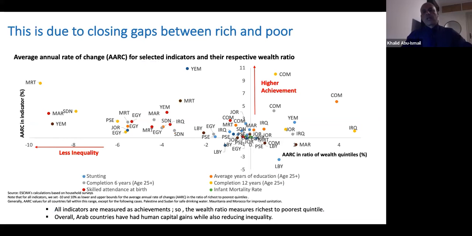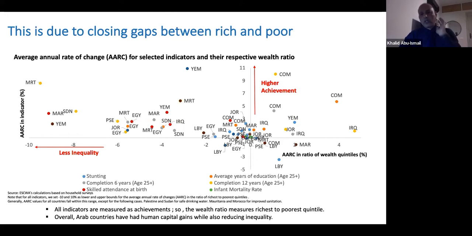It's not surprising when you zoom in on the indicators and look at what's been happening to gaps within countries. This scatter plot comes out of the ERF and ESCWA inequality report that we had in 2019. You can see that most Arab countries are clustered in the upper left quadrant, which captures higher achievements in these indicators: stunting, education, again basic indicators, infant mortality, skilled attendance at birth, etc. And that has also been associated with lower inequalities between rich and poor.